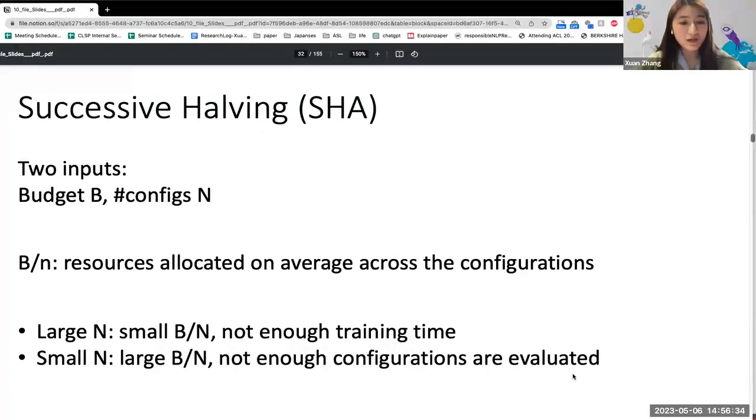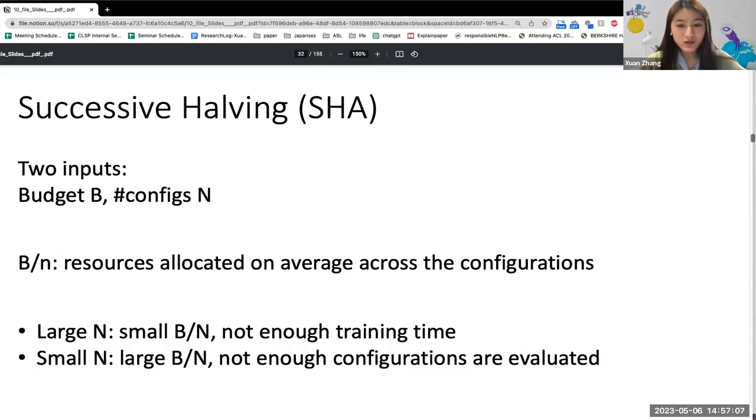For successive halving, we have two inputs, the budget B and the number of configurations n. There's a trade-off between n and B, as they determine the average resources allocated to the configurations. With a larger n, each configuration on average gets a smaller budget, and the training time might be too brief to differentiate between configurations.